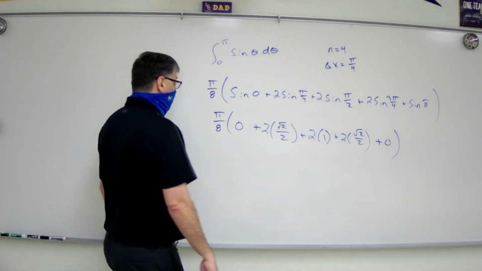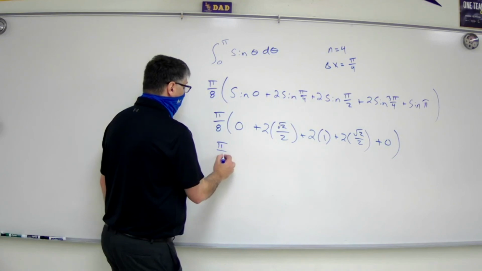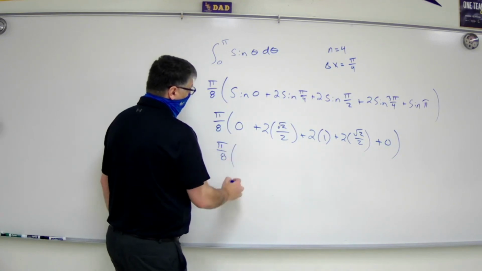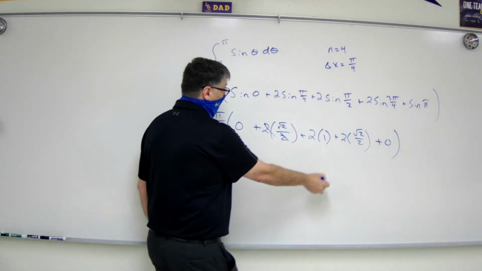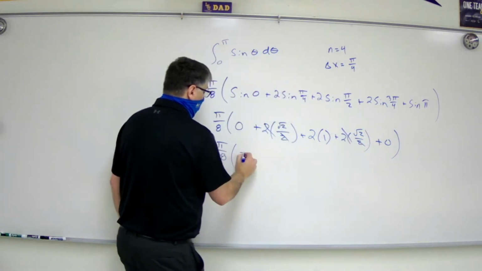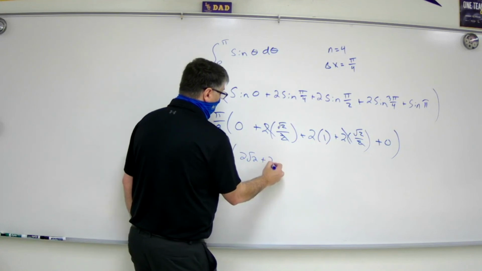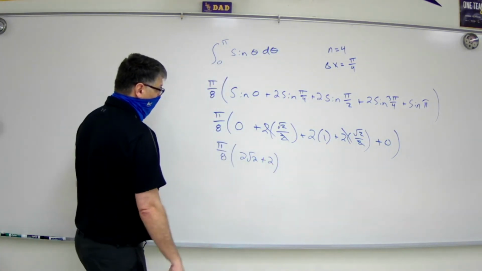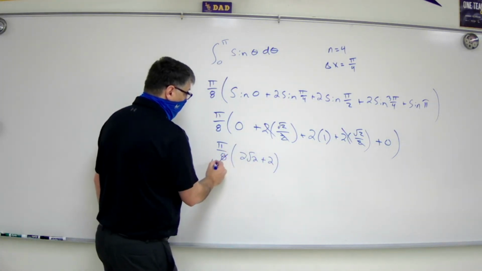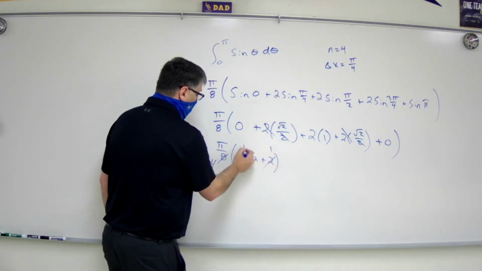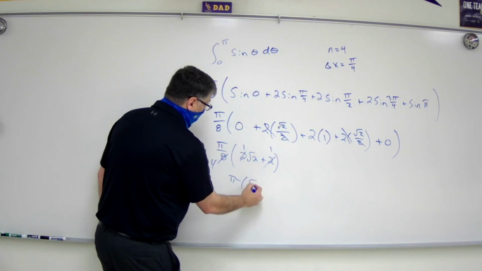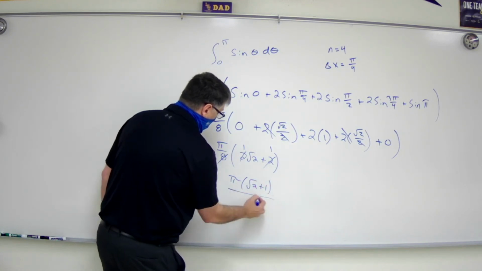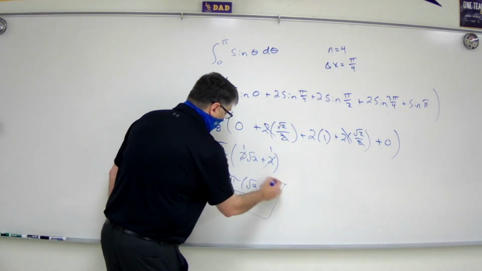So now, I have pi over 8 times, well, let's see, I've got 2 square root of 2 plus 2. Yes? Let's simplify. Now I have pi times the square root of 2 plus 1 over 4. There's your answer.